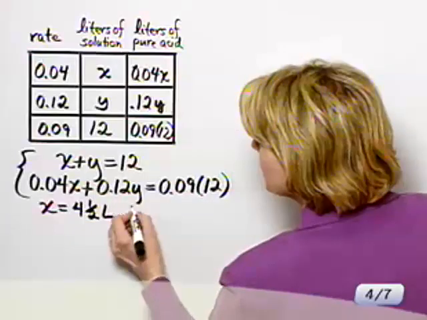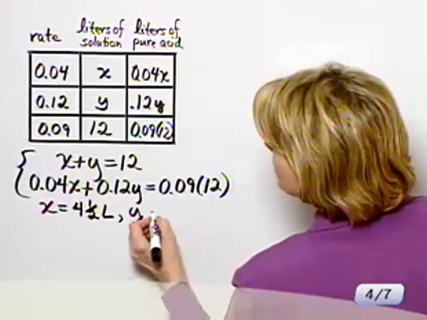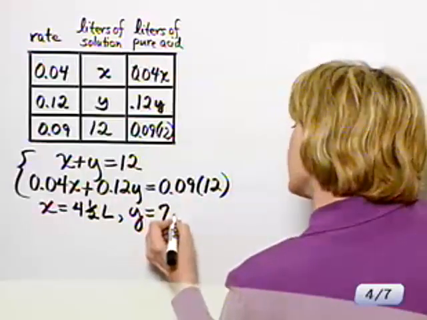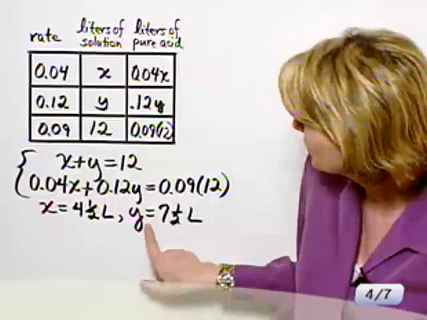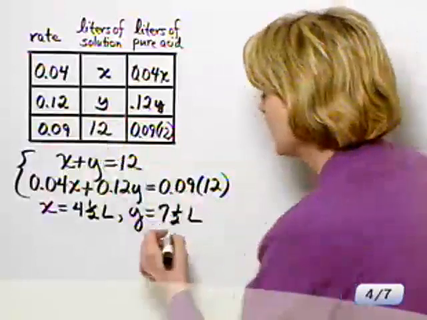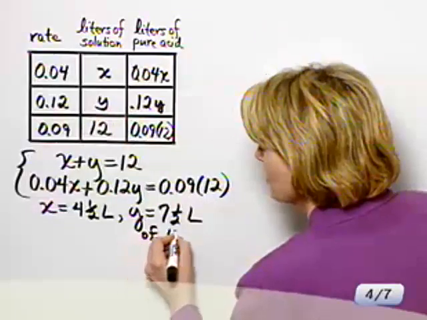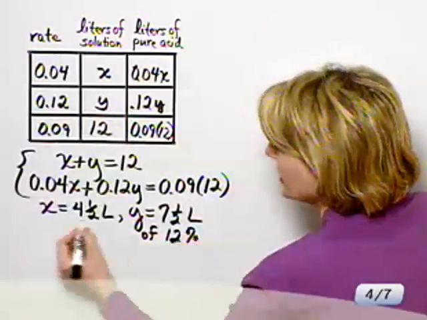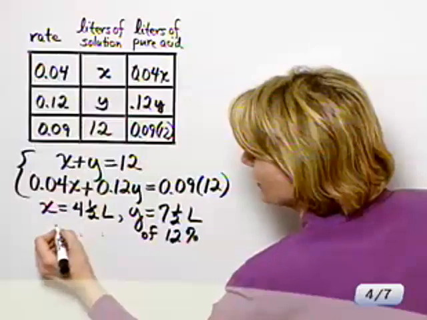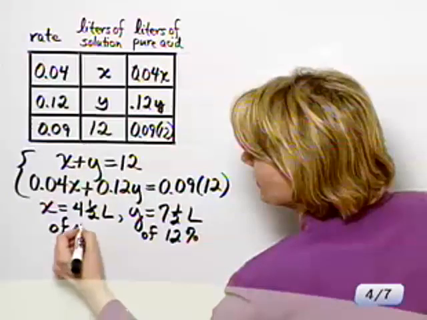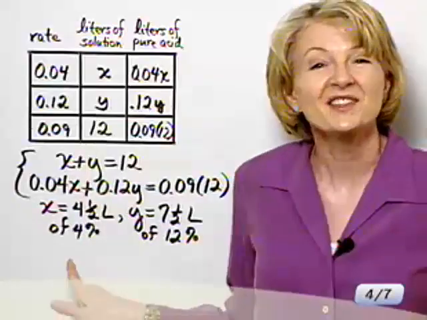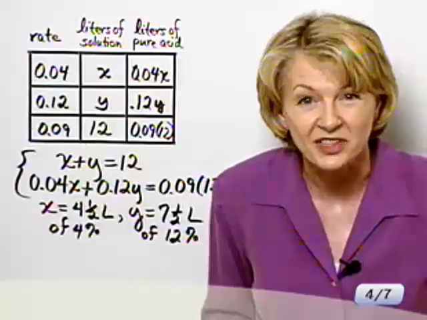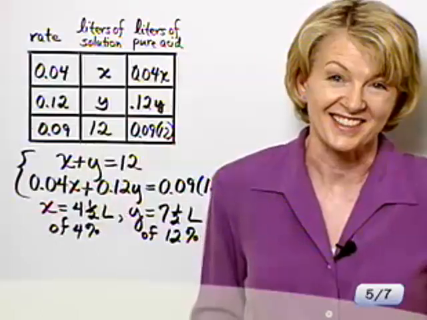And remember, it is liters, and y is equal to 7 1/2 or 7 5/10 liters. Don't forget y, that is the 12%, and x, that is of the 4%. So you solve that system, and there is the solution to our application.